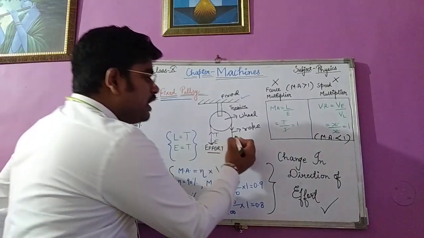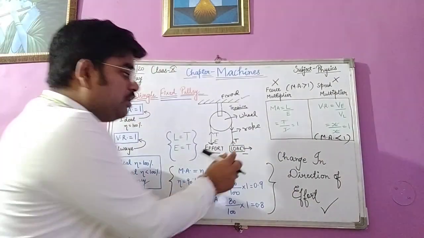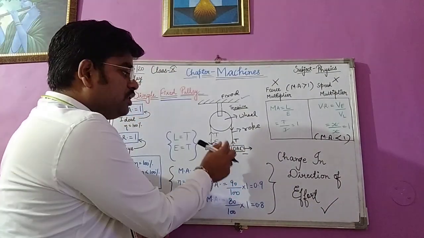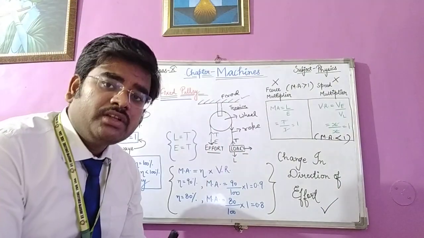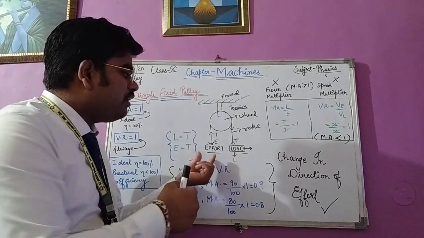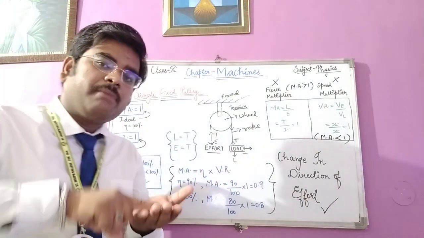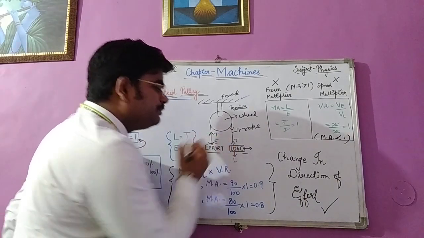Here you can see that T is written, which is the tension force on that body. If tension is caused, listen, effort will be applied on the other side to pull the load up. If you are applying the effort, then the tension force will also be applied.